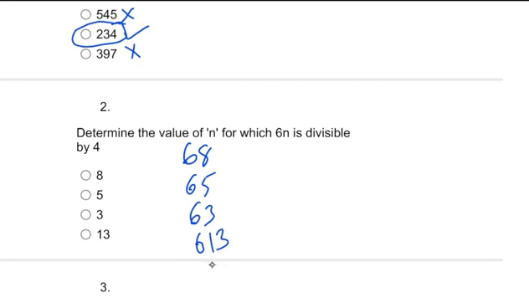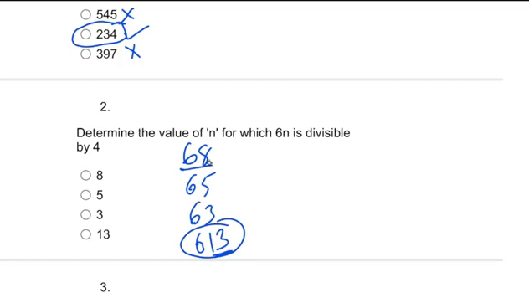And this number must be divisible by 4. Now, for divisibility by 4, we have done that the last two digits must be divisible by 4. You check. For this one, it's not divisible by 4 because 13 is not divisible by 4.